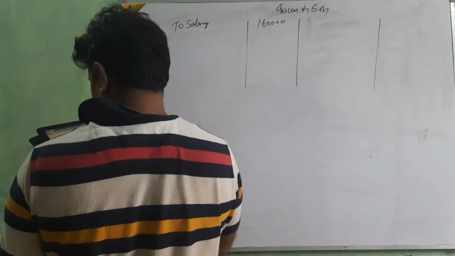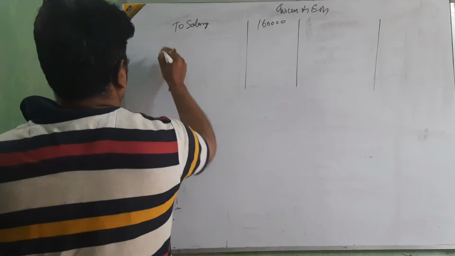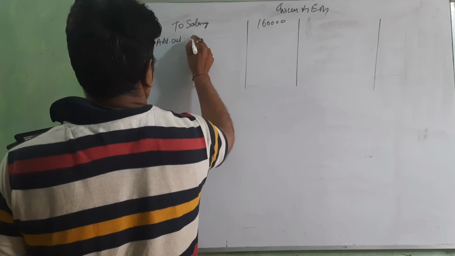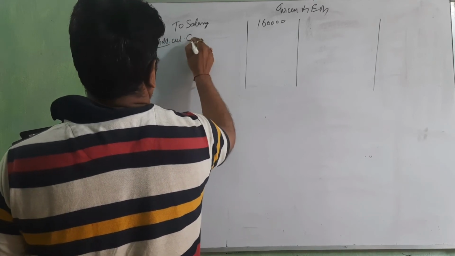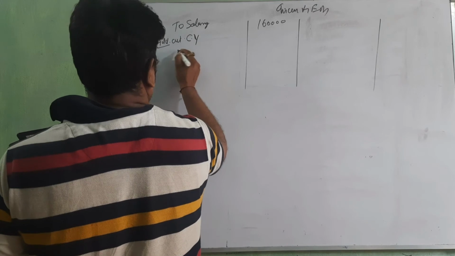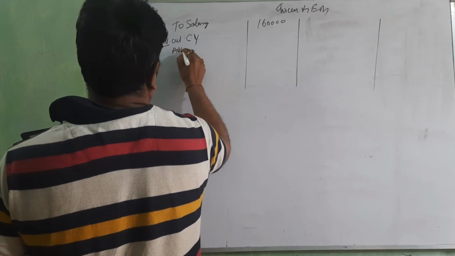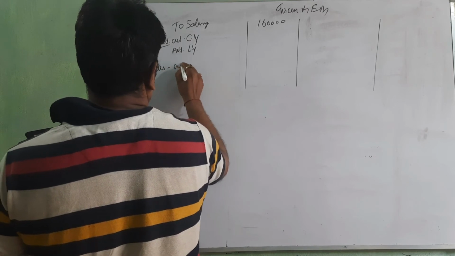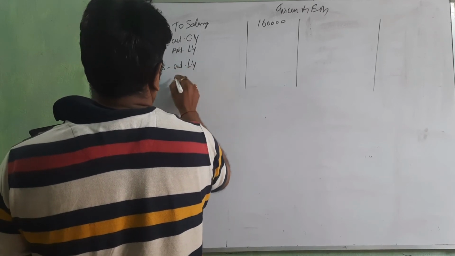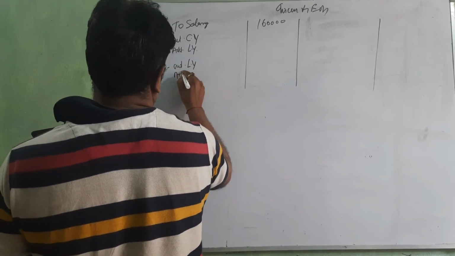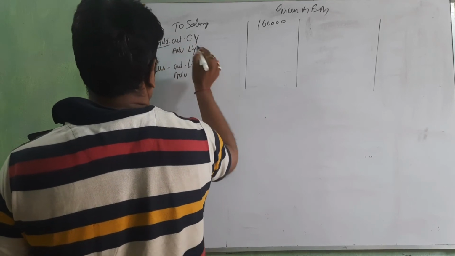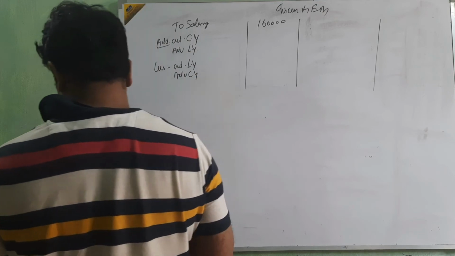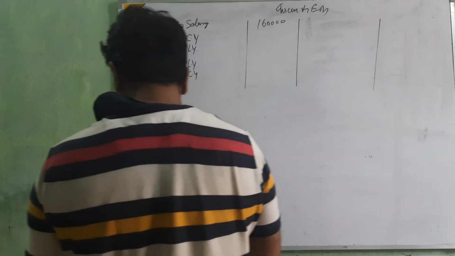Then add outstanding of the current year and advance of last year. Okay beta, and less outstanding of last year and advance of the current year.